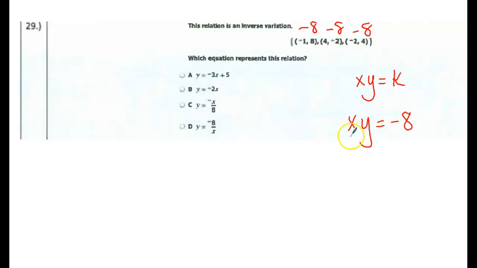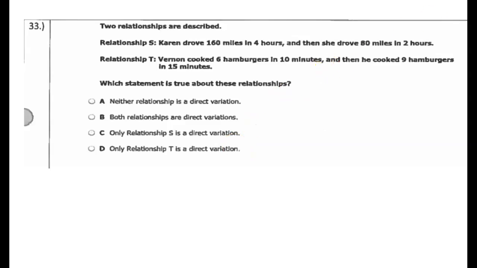So if I wanted to solve for y, I would just divide by x. So my y would be equal to -8 divided by x. So there's my answer. The other thing you could do is just put in all three examples and see which one works if you're not sure. We will have a lesson on direct and inverse variation when we get closer to the SOLs.